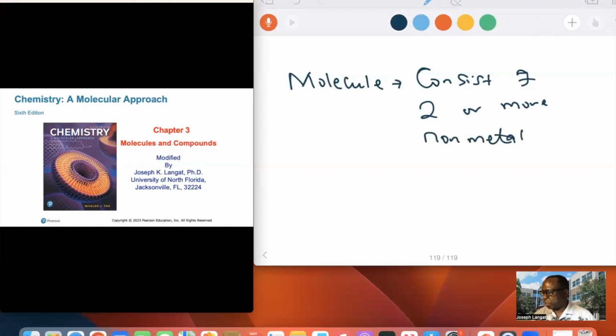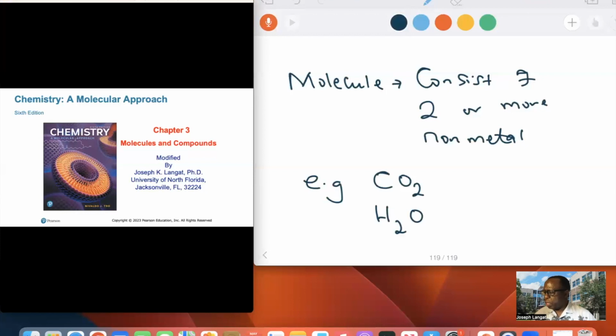You know, in the periodic table, we looked at how it can be broken down into metals, metalloids, and non-metals. A compound which consists of two or more non-metals is a molecule, e.g., CO2. You see there is carbon, there are two oxygens. This is a molecule, an example of molecules.